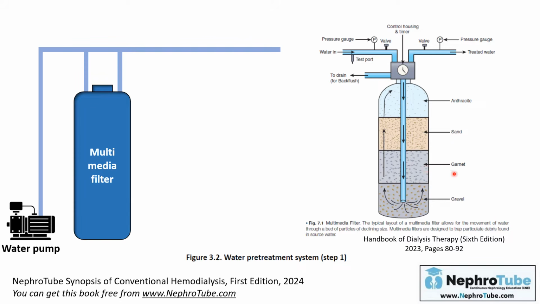For example, the spaces between the particles of garnet are smaller than gravel, and the sand is smaller than garnet, and so on. These layers prevent particles and sediments from moving with the water, and the water coming out will be clear from these particles between 5 and 500 micron.